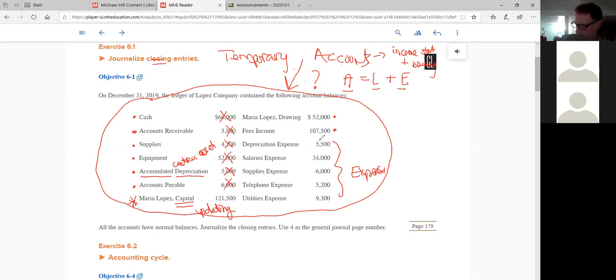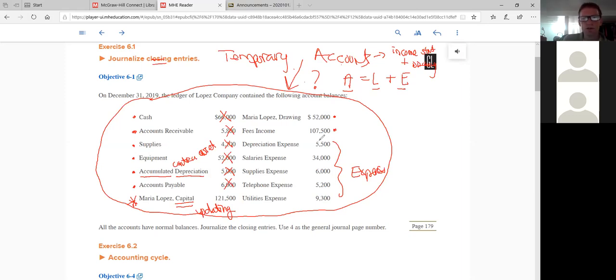Okay. Now, because we had to go to this online setting and online format, generally when we'd be in a classroom setting, I would show you an alternate way on how to do the closing. But because we're not, and I don't want to confuse anybody, I'm just going to follow the textbook approach on how they're going to go through this closing process. And they do it in 4 entries, okay?